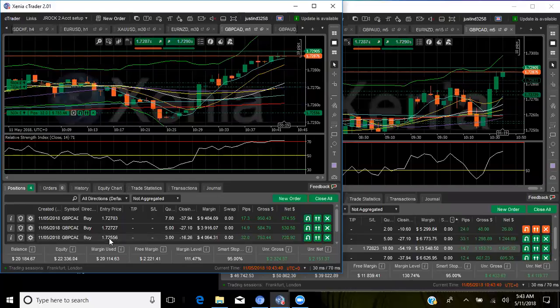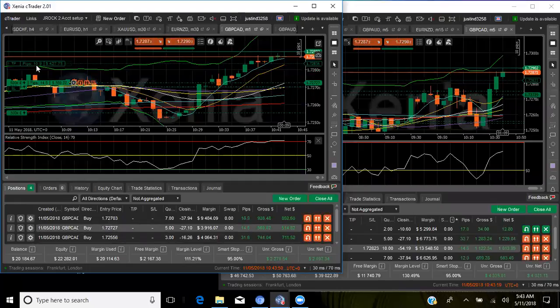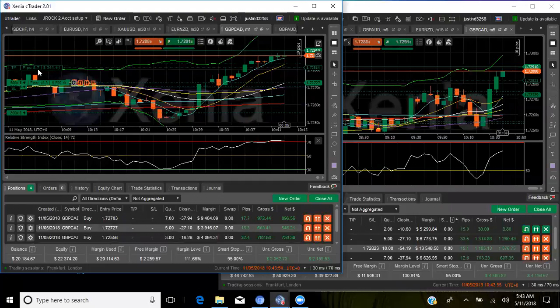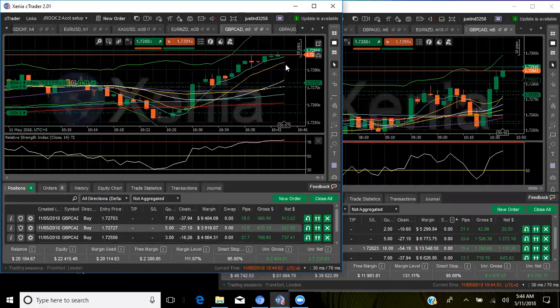So 5. I'm going to alleviate the 5 right here. I can get that line. There we go. So I'm going to keep that 172.84, 172.81, 6. I'm going to keep that on the 1 minute time frame. It looks like it's holding that 5.